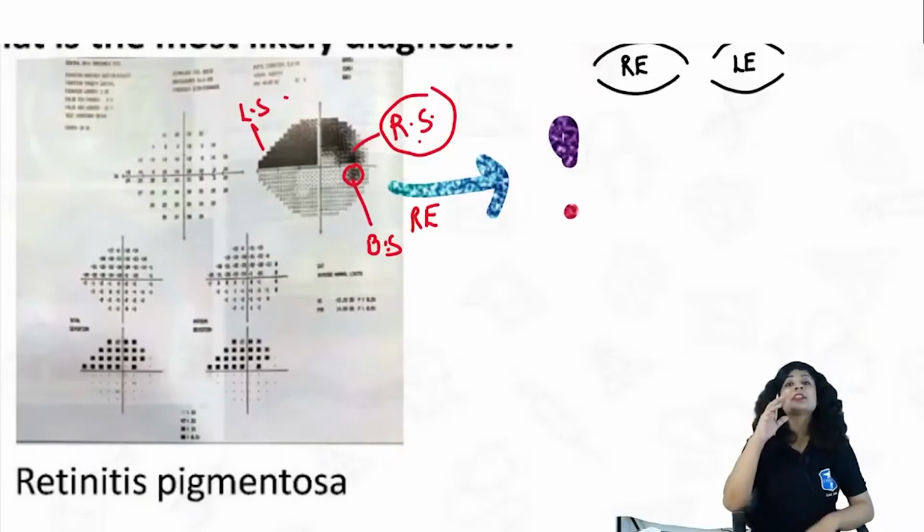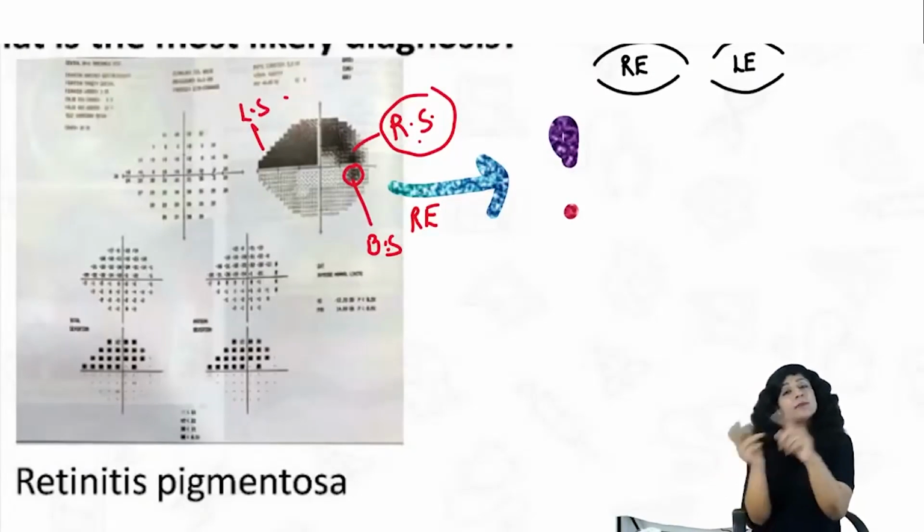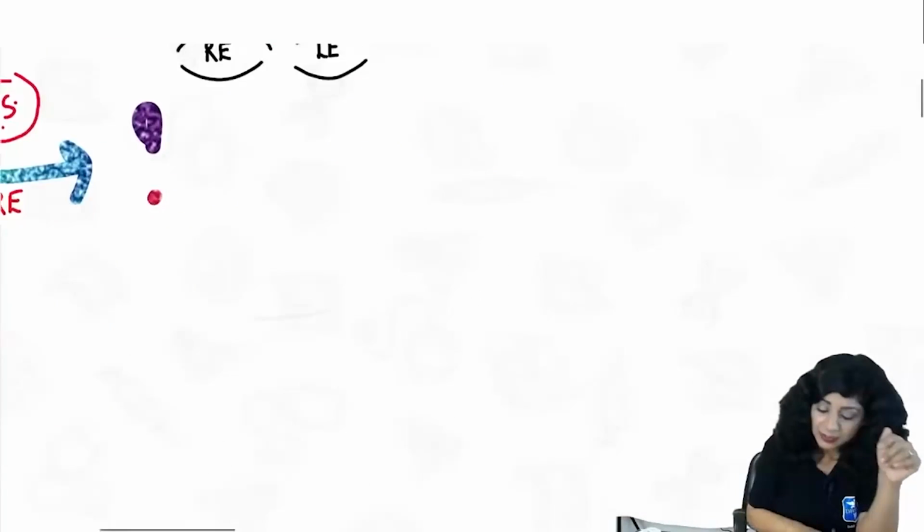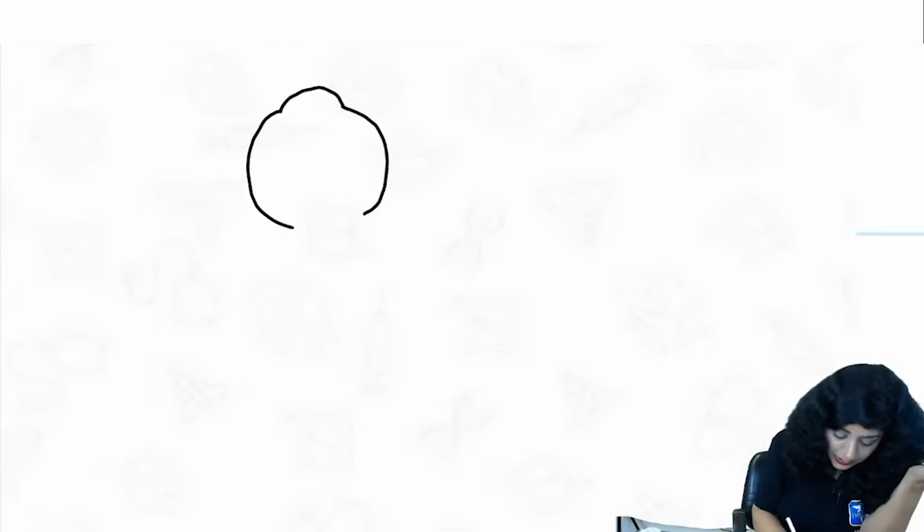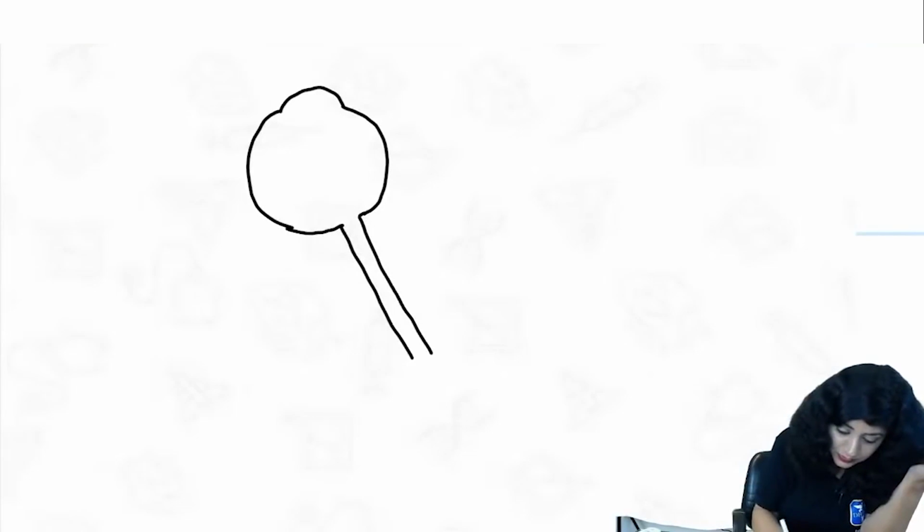Because blind spot is in the temporal field. Now why is the blind spot in the temporal field? Let's talk about that also. See, suppose we have got the eye here. Now towards the nasal side, I have the optic nerve. I will divide this into two parts.